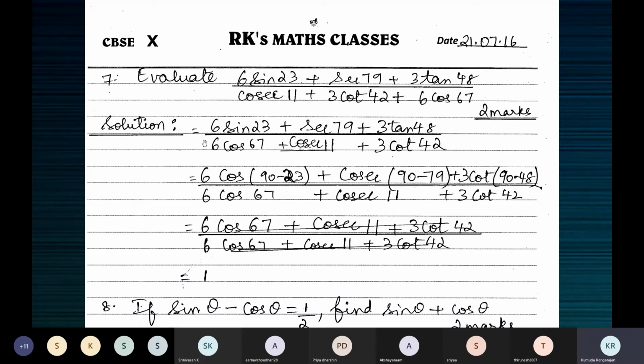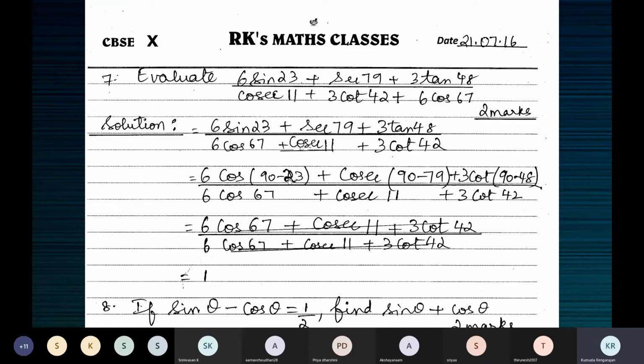So sine 23 is equal to cos of 90 minus 23. Again, secant theta is equal to cosecant of 90 minus the same theta. Tan theta is equal to cot of 90 minus theta.